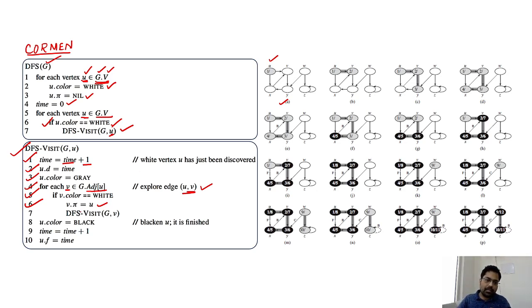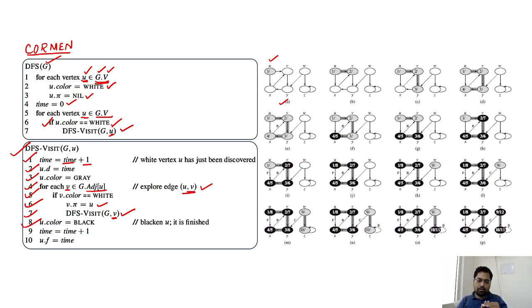Next, once we select that one, we will call DFS-Visit with v, the new node which you have selected. The previous node will be set as black. Why? Because the for loop runs over the nodes that we selected, and we have changed the time and everything as per this rule.